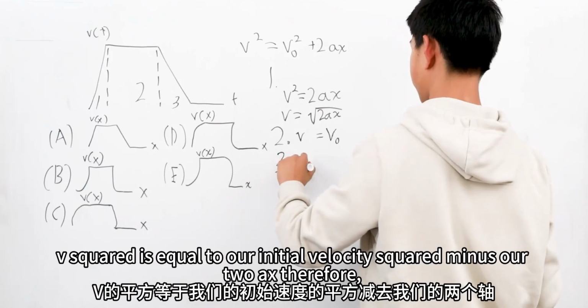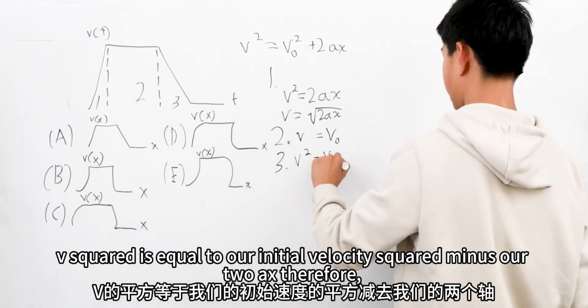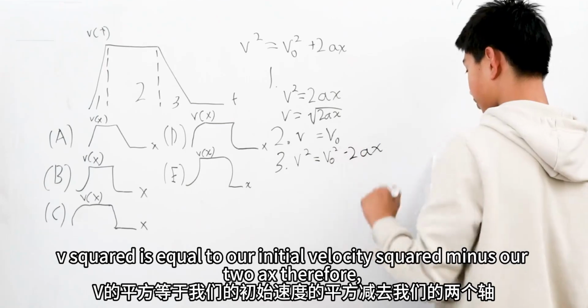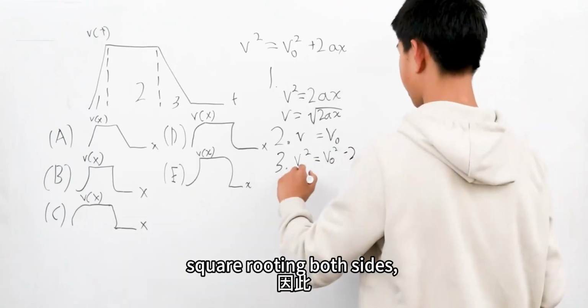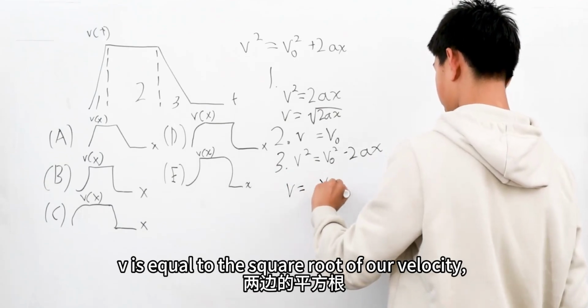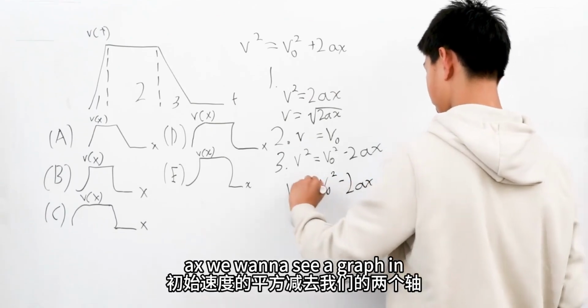So in this case, v squared is equal to our initial velocity squared minus 2ax. Therefore, square rooting both sides, v is equal to the square root of our initial velocity squared minus 2ax.